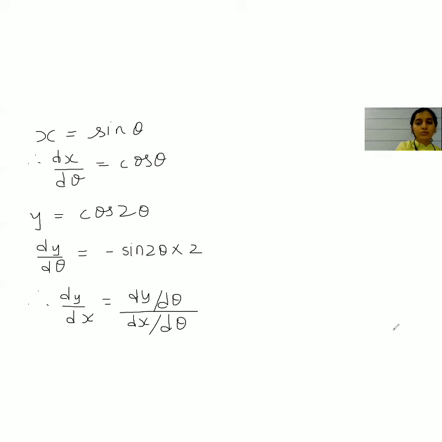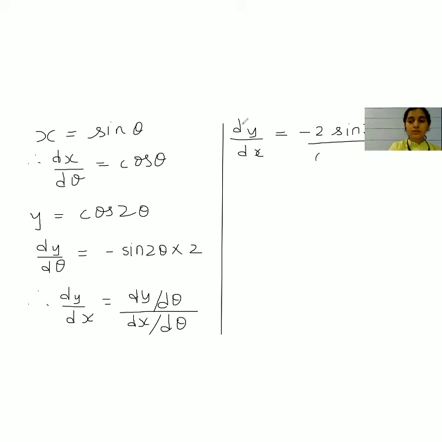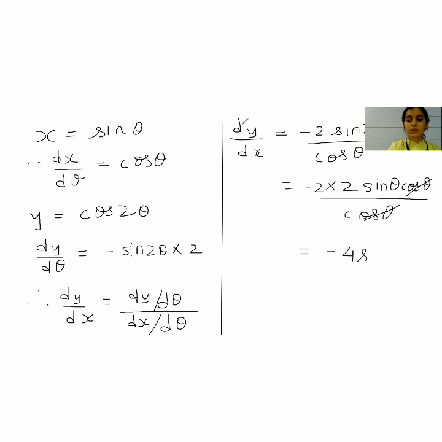Correct? So dy by dx equal to, what is dy by d theta? Minus 2 sine 2 theta, right? Divided by dx by d theta, that is cos theta. We can write this as minus 2 into 2 sine theta cos theta, right? Formula for sine 2 theta, divided by cos theta. Cos theta cancels out. So we are getting minus 4 sine theta. This is slope m.